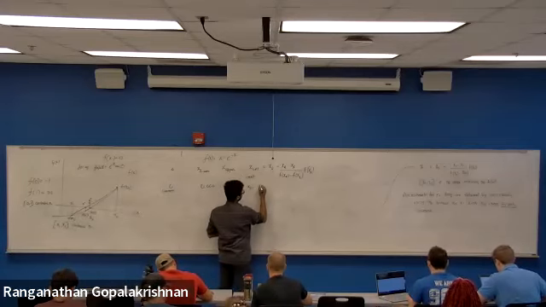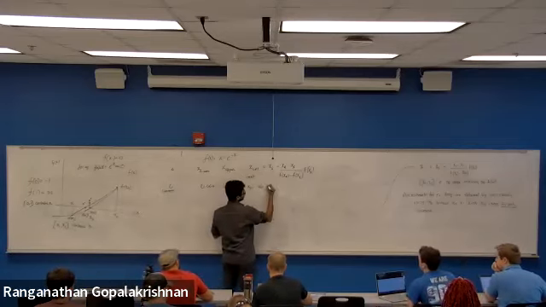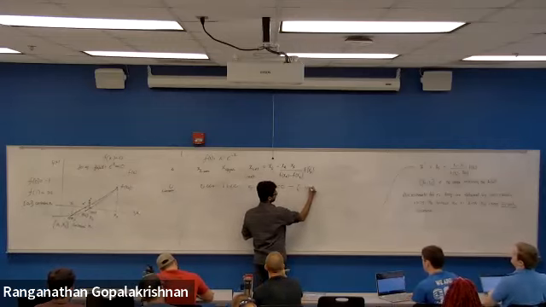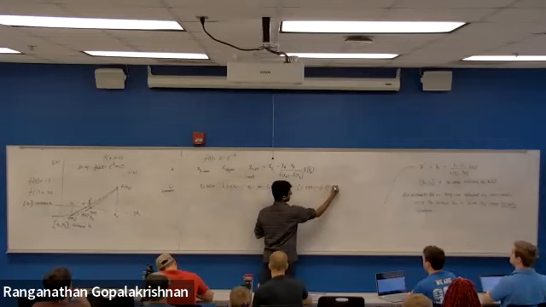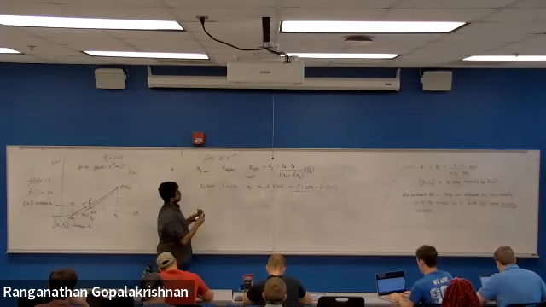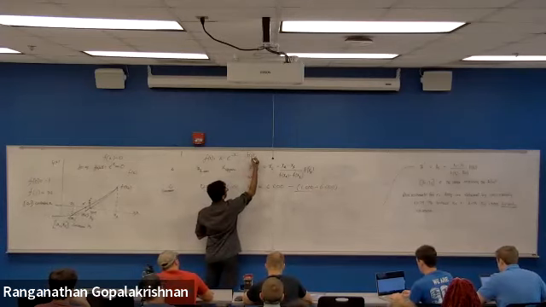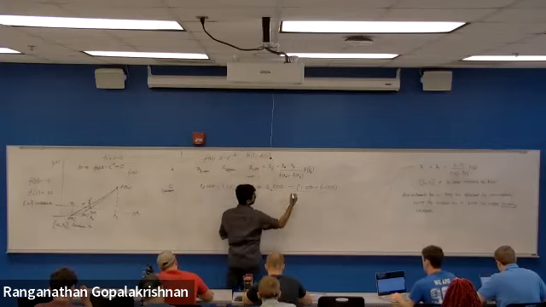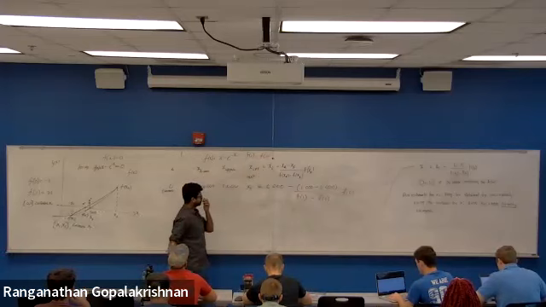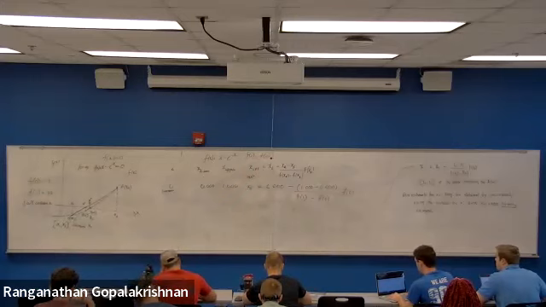You can punch it in your calculator. x lower is 0.000 minus x upper is 1.000 divided by f of 1 minus f of 0, multiplied by f of 0. While you get ready, I'm going to start an Excel sheet to do this problem.